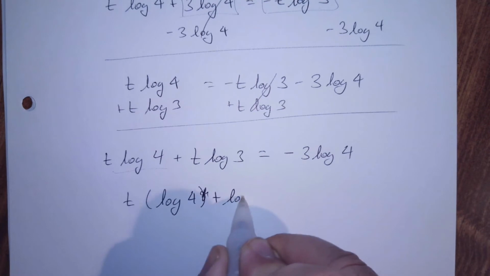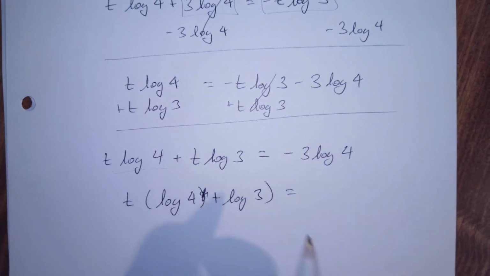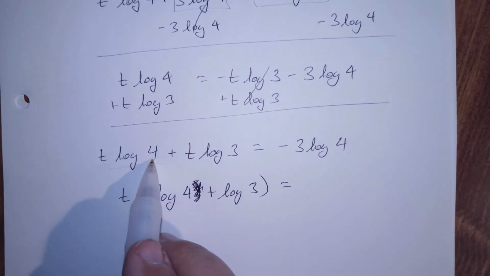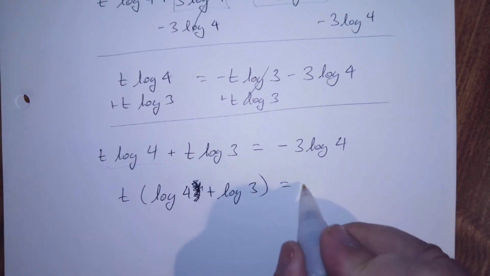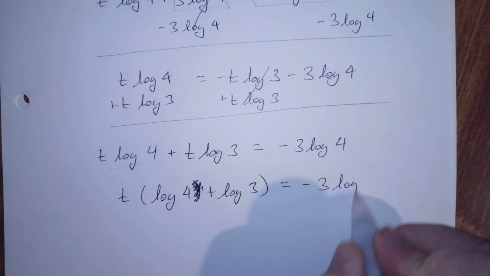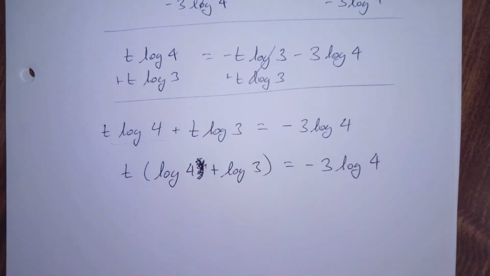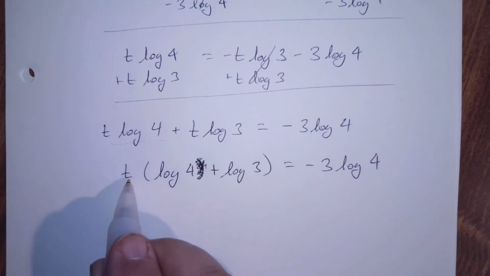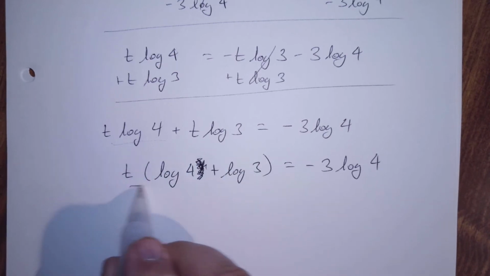So I factor out the t, I have t times log of 4 plus log of 3 equals negative 3 log of 4. To get the t by itself, we have to get rid of this whole expression.